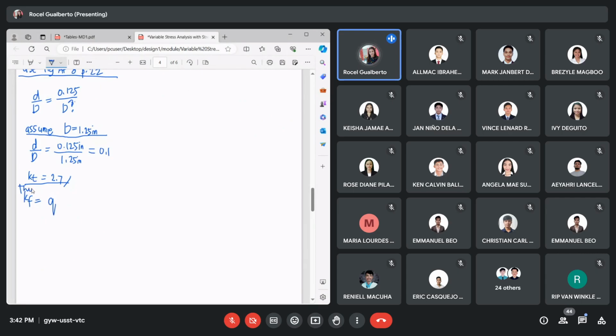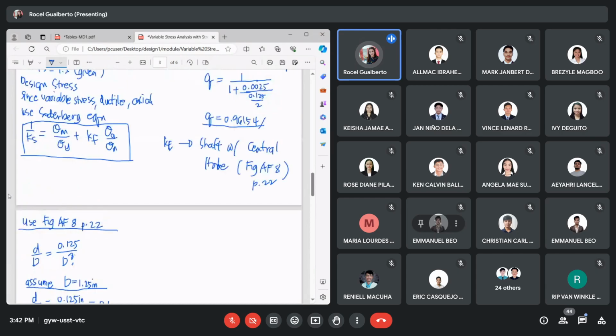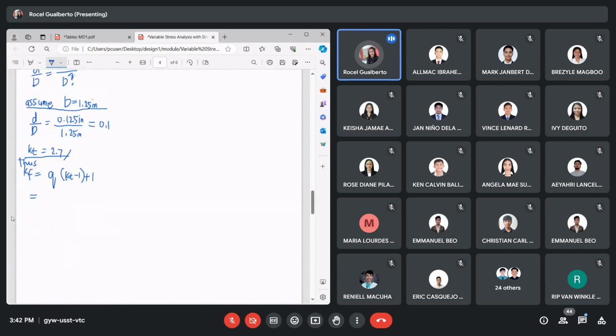Thus, your KF would be equal to Q times KT minus 1, plus 1. What is the value of Q? 0.96154. KT, you have there 2.7, minus 1, plus 1. So what is now the value for KF? Please solve this.